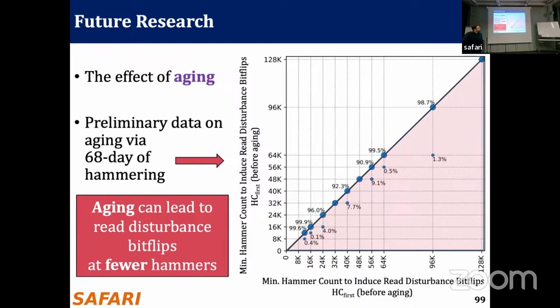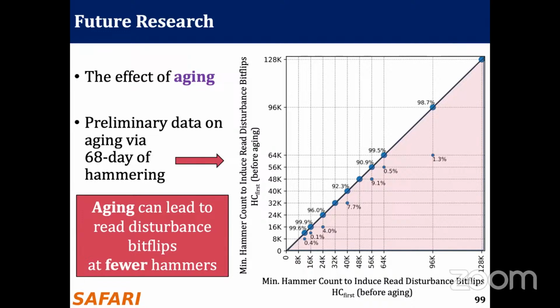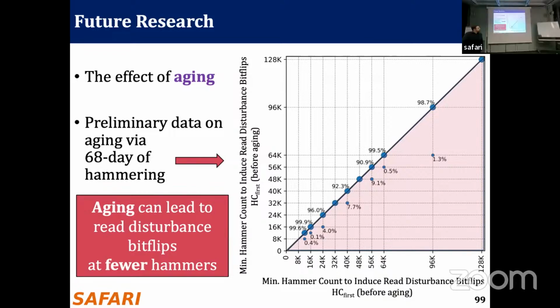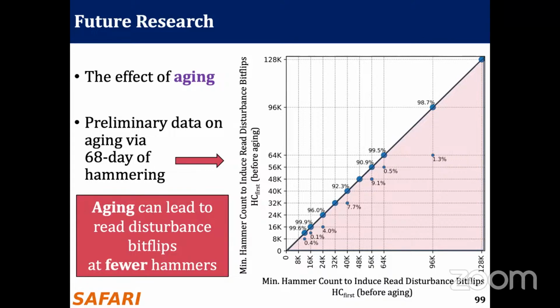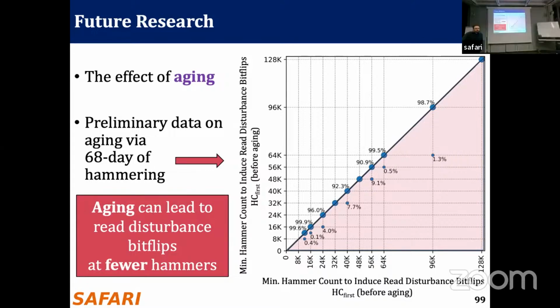Yeah. And why is there only two values per x-axis value? Is it like 64K the minimum, or some arbitrarily chosen value? Both before aging and after aging, I test all those rows at all those hammer counts. This is just an empirical observation that only two points appear at every x-axis value.